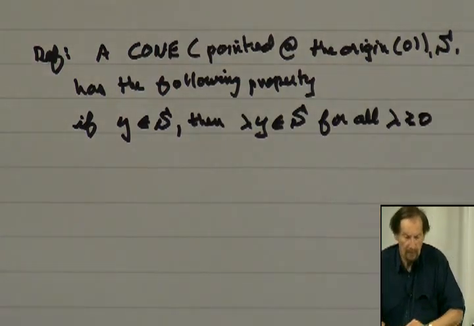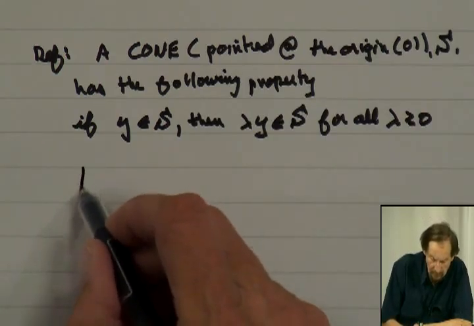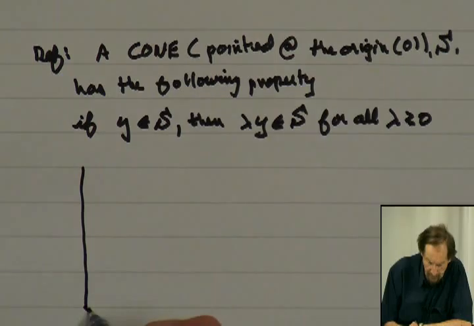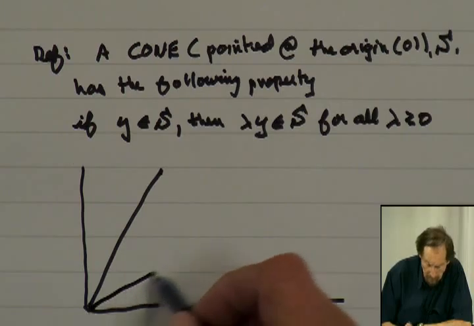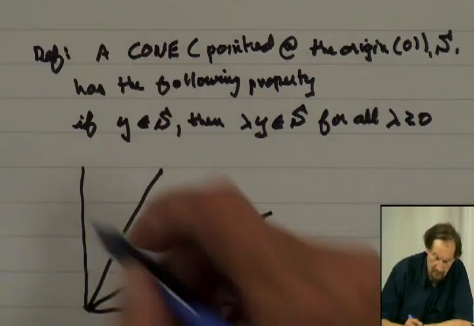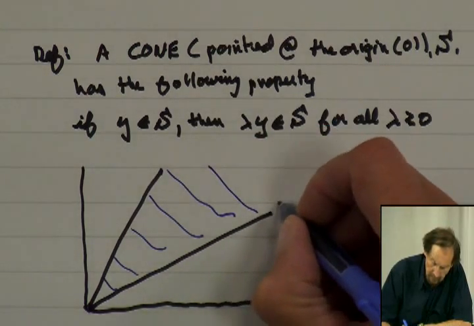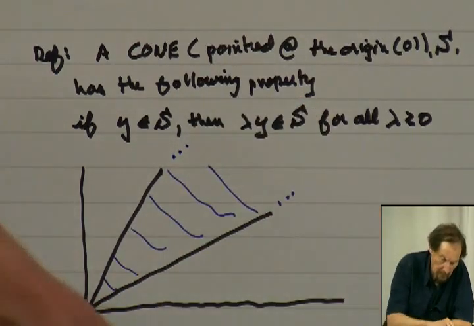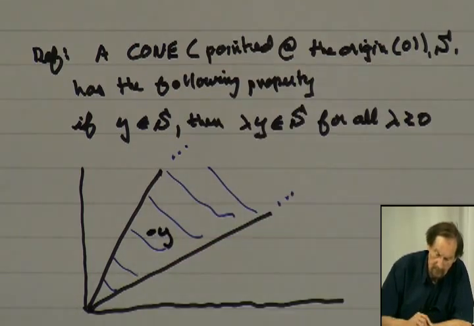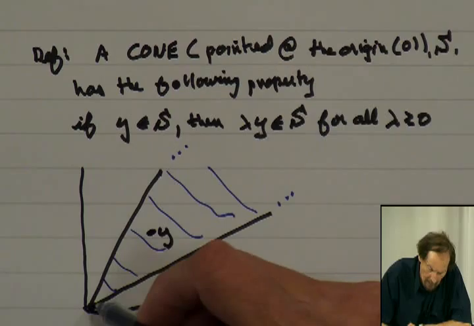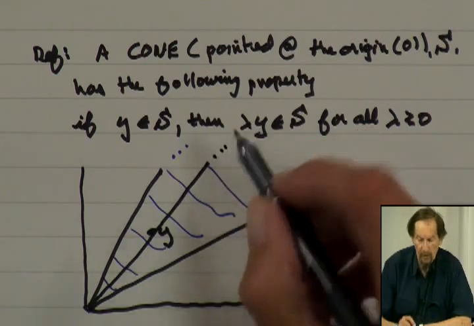Okay. That sounds like so much gobbledygook, but it's very easy to see graphically. Here's a cone, and let's shade it in. This goes on forever. If we have a point y in that, then the ray through y is also in the cone.